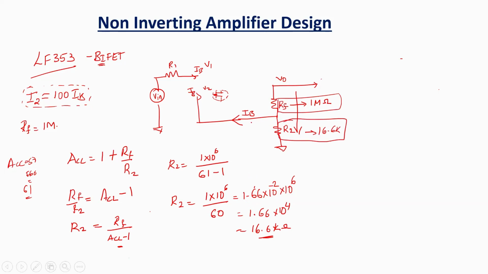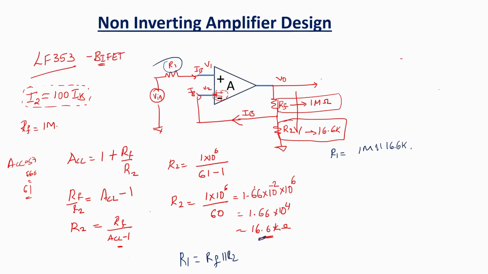Now we have to find out R1. It's pretty easy. R1 is equal to the parallel combination. Earlier also I told you the resistance at the terminals should be equal. So R1 should be equal to RF parallel R2. What is RF parallel R2? RF is 1 meg, parallel with 16.6K.